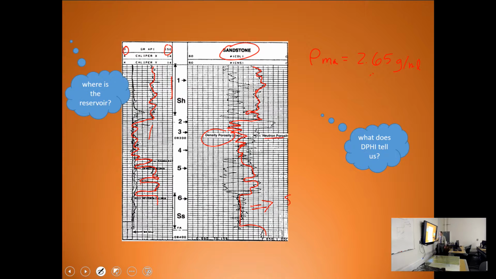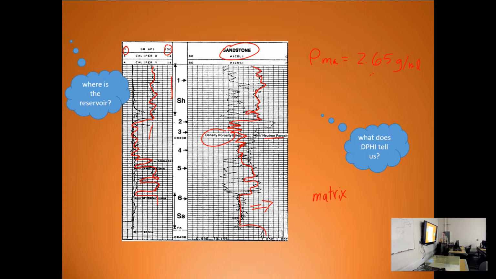Then that implies that it really is a sandstone matrix. In other words, your matrix condition is satisfied, whether it's sandstone or limestone, whatever that is. That implies that your matrix is there. In which case, this must be quartz sandstone.